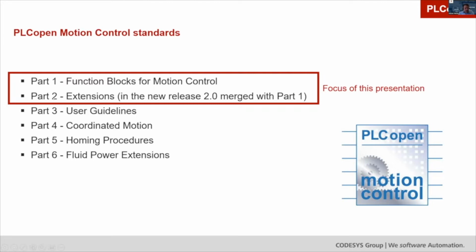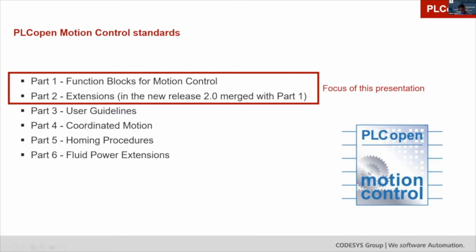About 5 years later, there was an extension published following the same field of application, but with some new functions that were missing in part 1. And these two parts were finally merged in 2011, I guess, in a version 2.0. In addition, there is a user guideline, part 3, that explains how these function blocks can be used and shows some examples, some use cases.